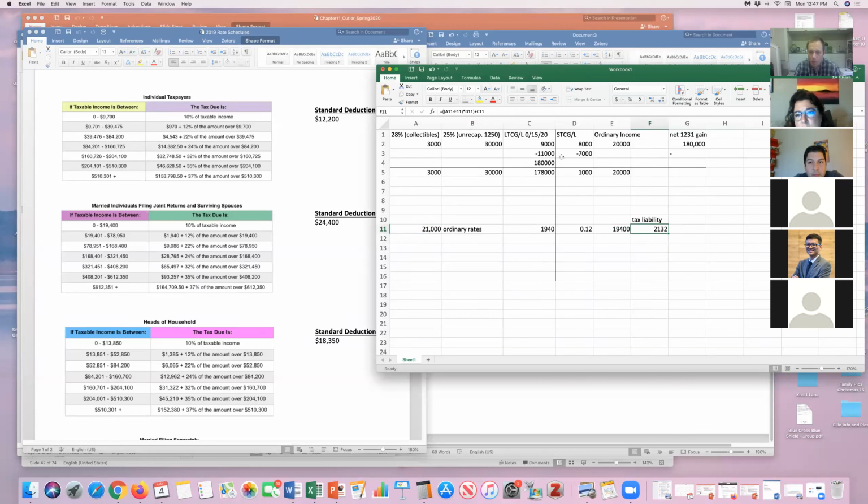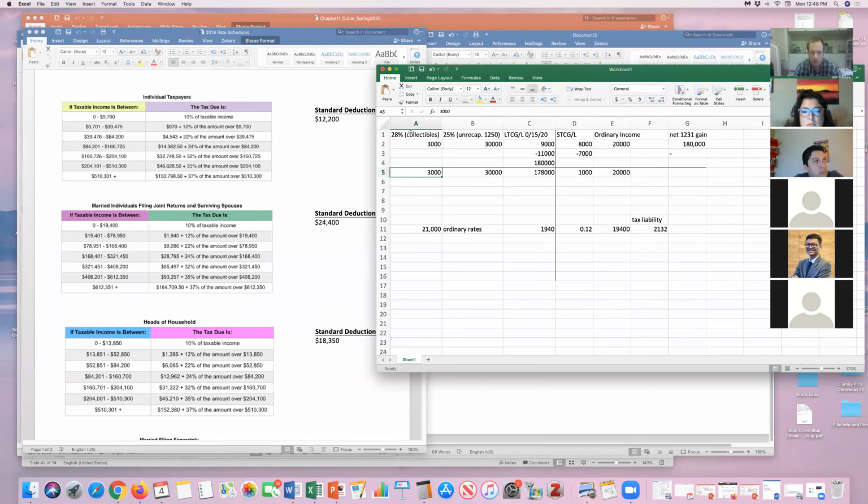Next, I want to go over here. I'm going to start in this category, the 28%, and look. They're at 21,000 right now that I've taxed already: 21,000 of ordinary income plus the short-term gain. So that puts them here in the 12% bracket.